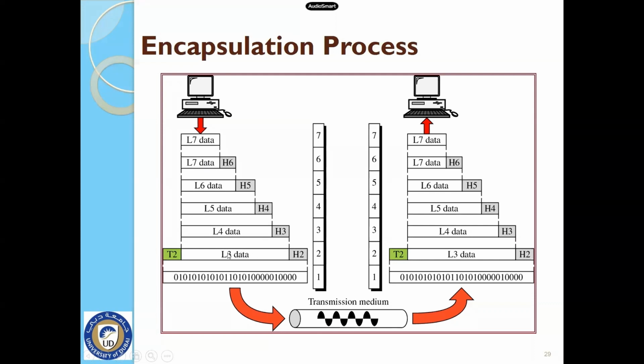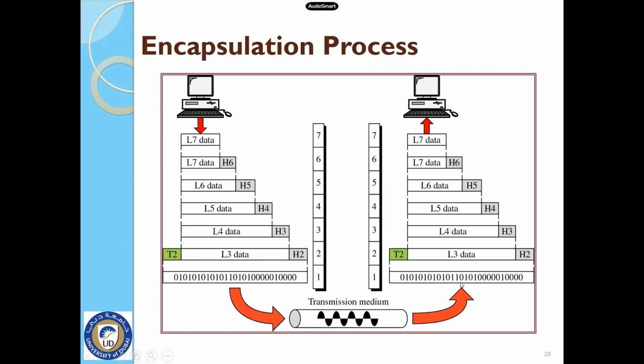Now at the data link layer, we do not only add a header, we also add a trailer. So it's not just a header, there is a trailer of data. This is to make sure of the beginning and the end of a certain packet or a certain data. Now it will be transmitted through some certain channel.